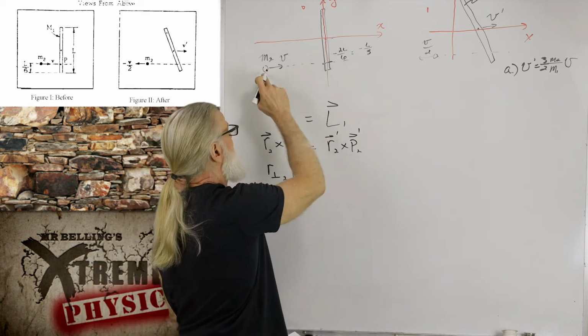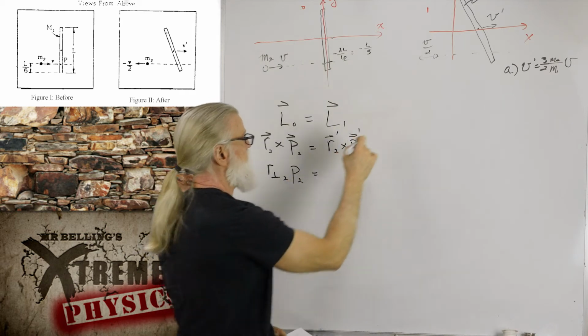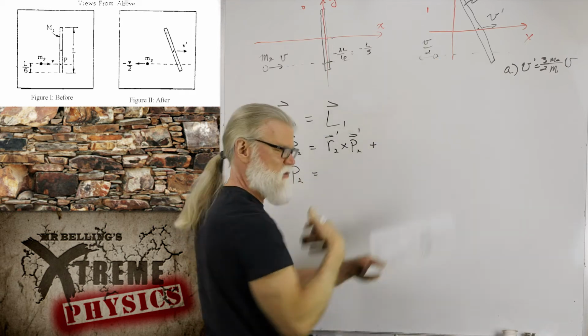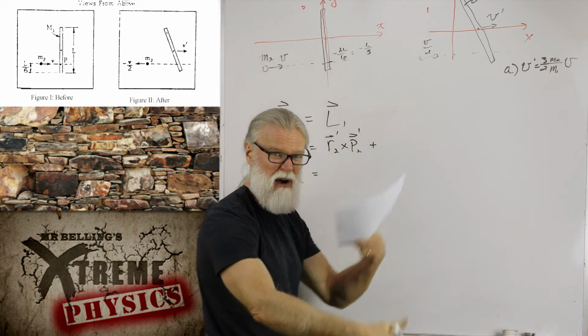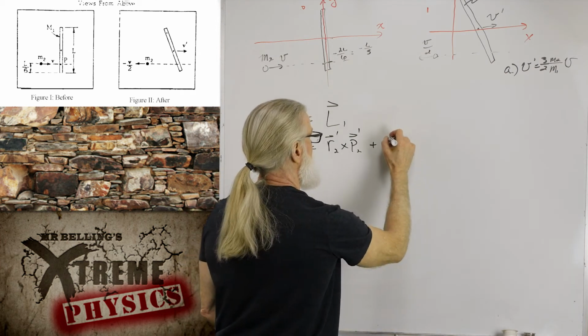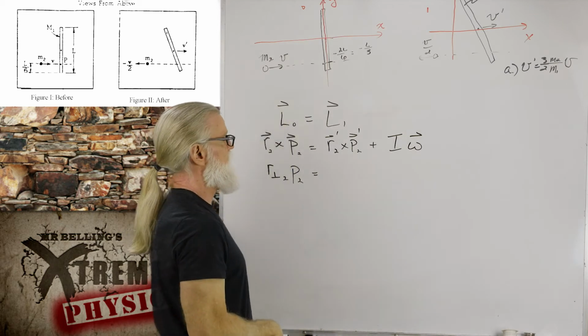I'm just saying 2 to identify that as the ball. And plus, we got to add the angular momentum of this thing, rotating about its center of mass. We're going to use I omega.